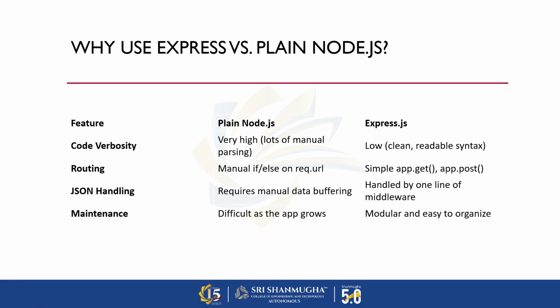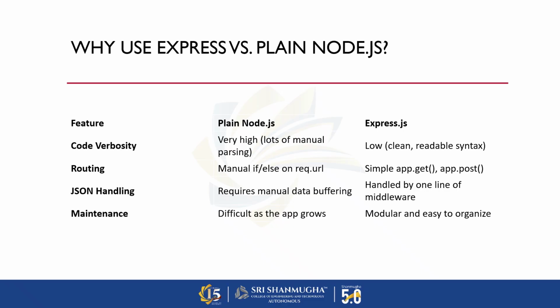The first feature is code verbosity. Basically you have to write so many lines of code if you use plain Node.js, whereas if you use Express.js, it will be very few lines of code, which are clean and very readable. Next, routing.